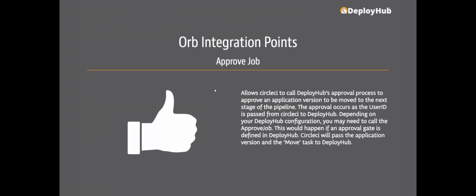The approve job allows a process for approvals so that you can include an approval process before you promote something up the pipeline. And that approval occurs as the user ID is passed from CircleCI to DeployHub. Depending on your DeployHub configuration, you may need to call the approve job. So not everybody has to use that.